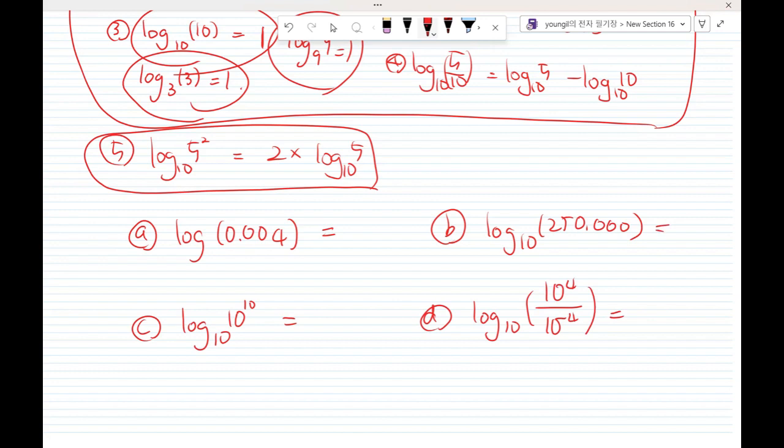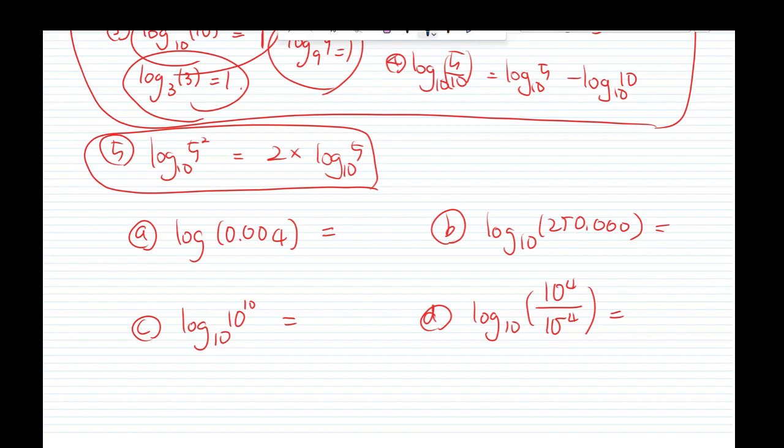It's 0.004, which is 4 over 1000. Do you agree with me?